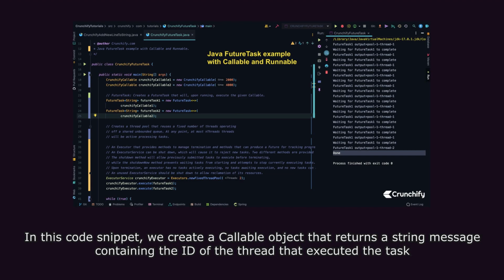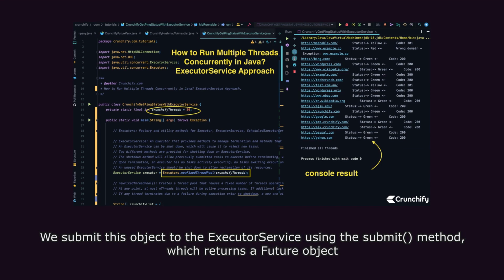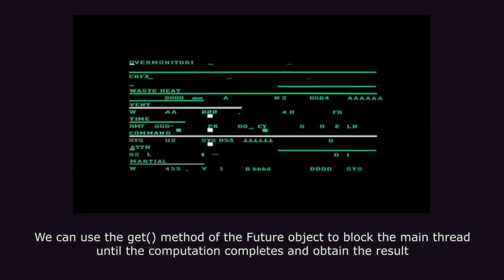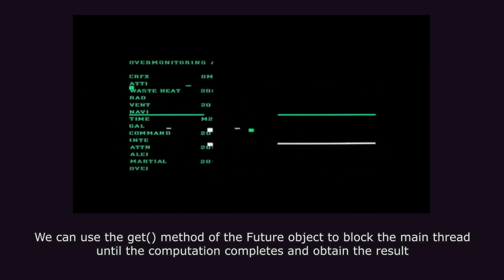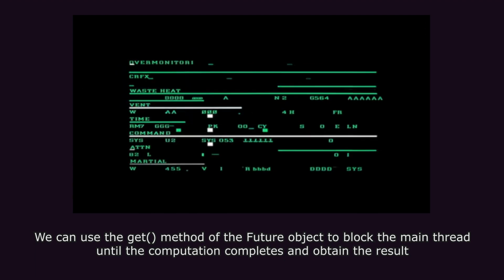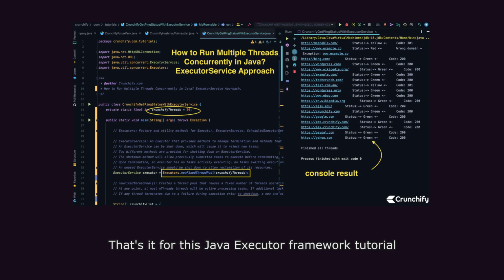In this code snippet, we create a Callable object that returns a string message containing the id of the thread that executed the task. We submit this object to the Executor service using the submit method, which returns a Future object. We can use the get method of the Future object to block the main thread until the computation completes and obtain the result. That's it for this Java Executor framework tutorial.